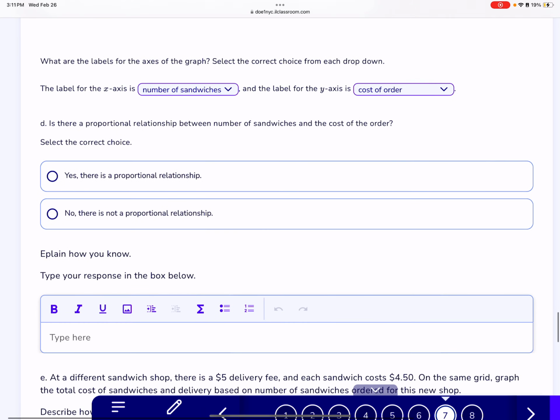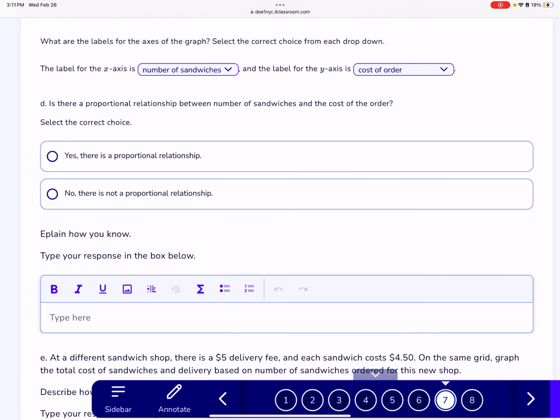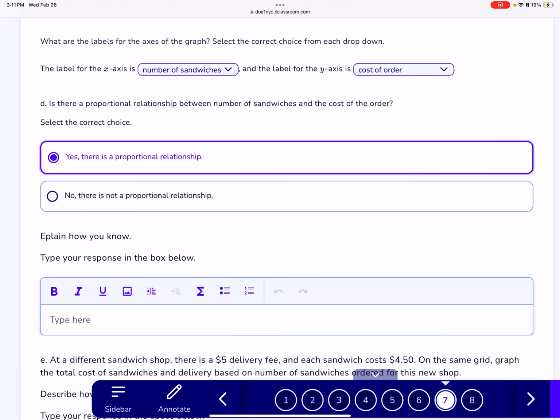Part D: is there a proportional relationship between the number of sandwiches and the cost of the order? We are going to select yes, there is a proportional relationship.